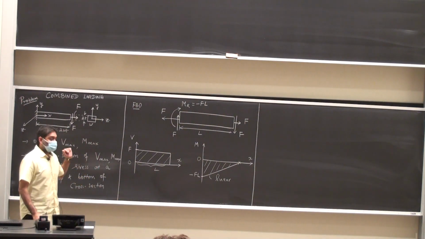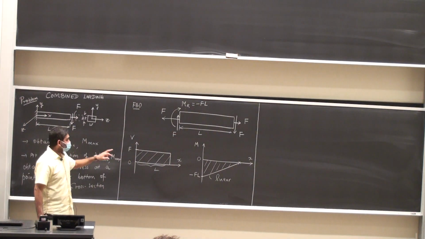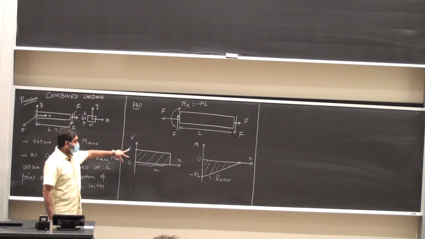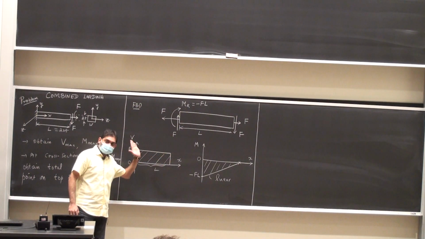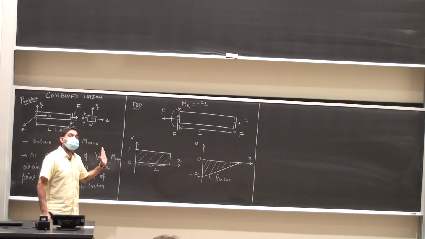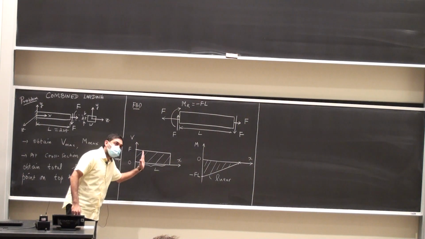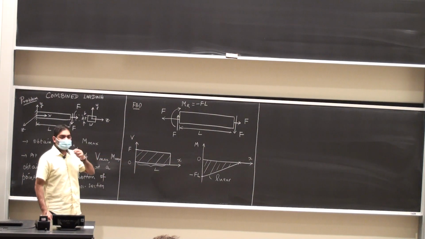This is a special problem because the shear force is constant all through the beam, which means that whatever cross section I slice through this beam, the shear force is going to be of the same value as capital F.